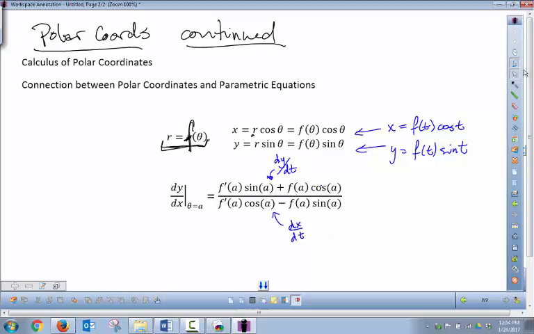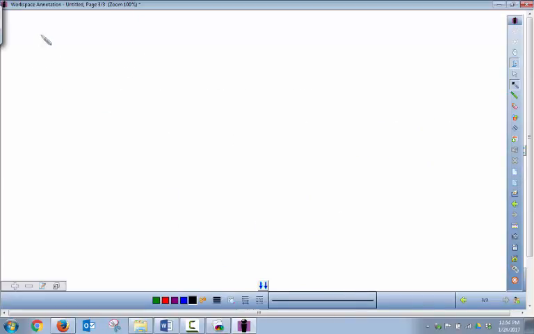So an example would be 1 minus 2 cosine theta. So let's do an example. So this is a limaçon that's probably going sideways.